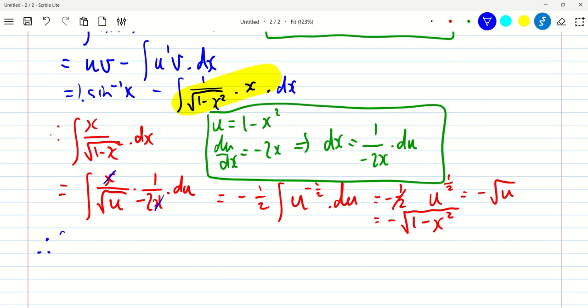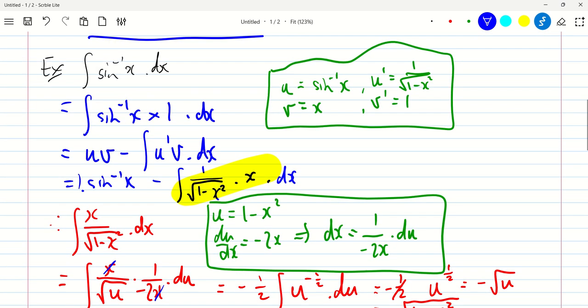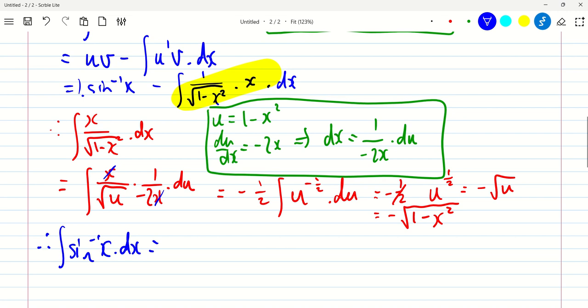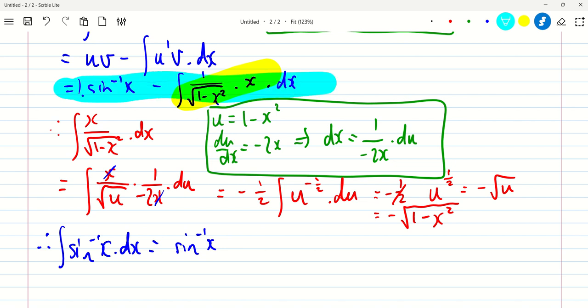So therefore, the integral of arc sine x dx is equal to, where did I have it written down? Back up to here, arc sine x. I'm just copying this down.